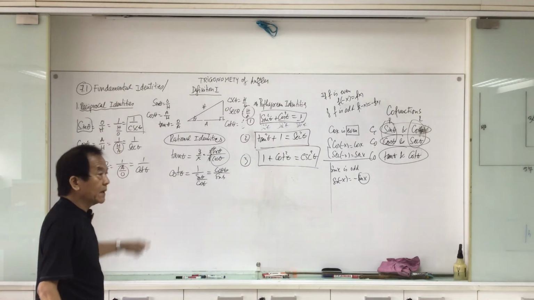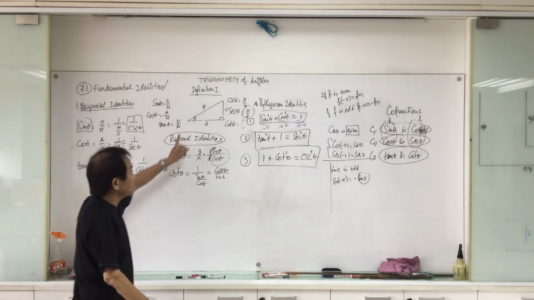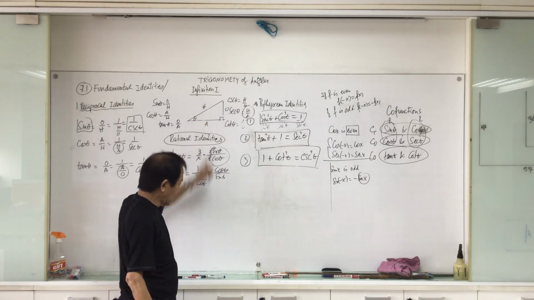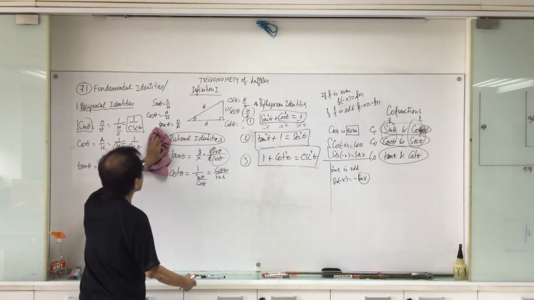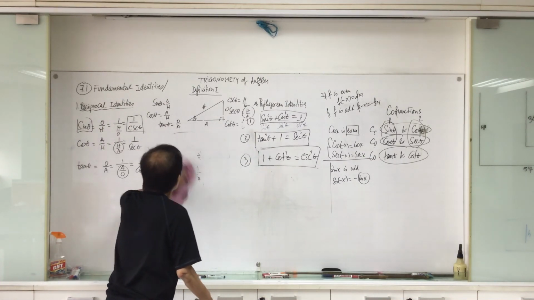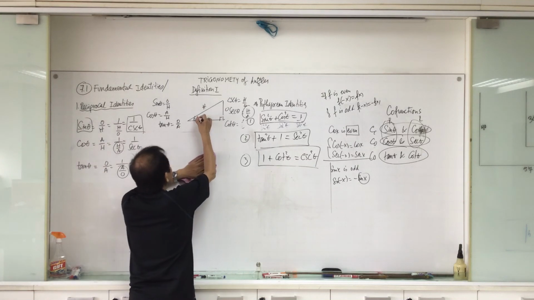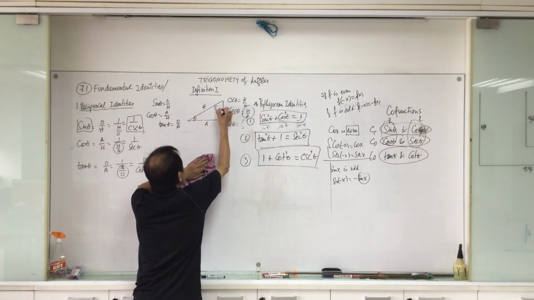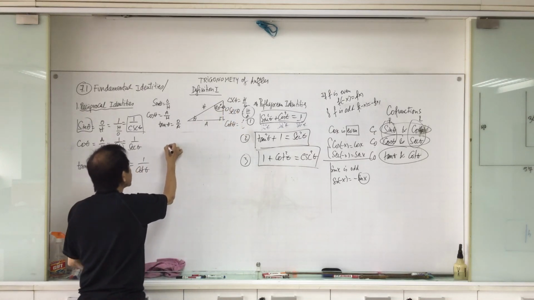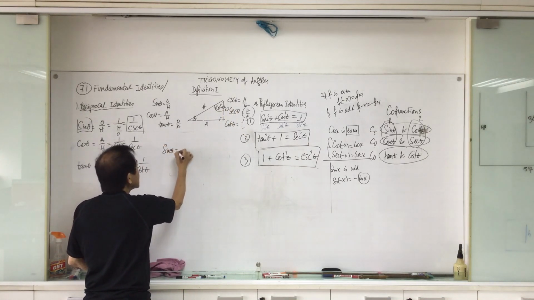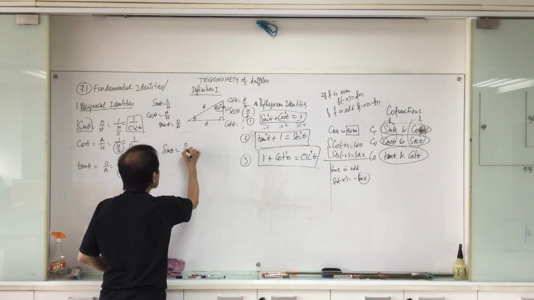Okay, what do we mean by cofunction? Here, cofunction comes from the definition of the triangle, or the trigonometry of the right triangle. Okay, take a look at this. If this one is theta, so this one should be 90 degrees minus theta, right? So if I have sine theta equals opposite over hypotenuse.